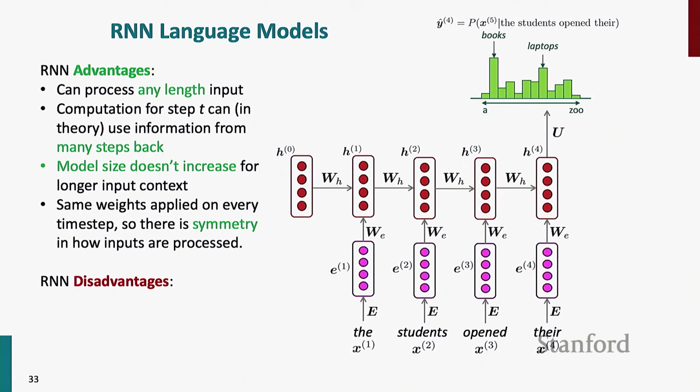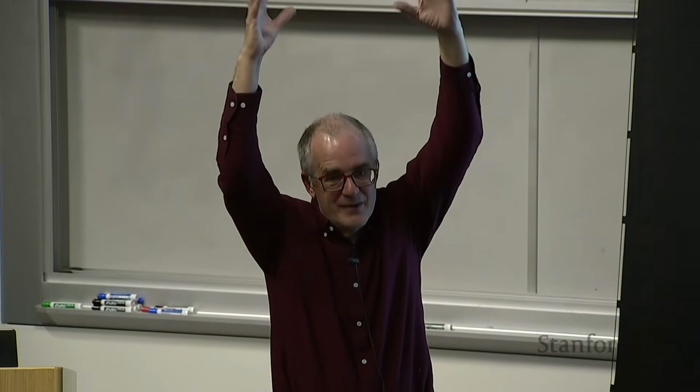There are some catches. The biggest catch in practice is that recurrent computation is slow. So for the feed-forward layer, we just had our input vector, we multiplied it by a matrix however many times, and then at the end we're done.